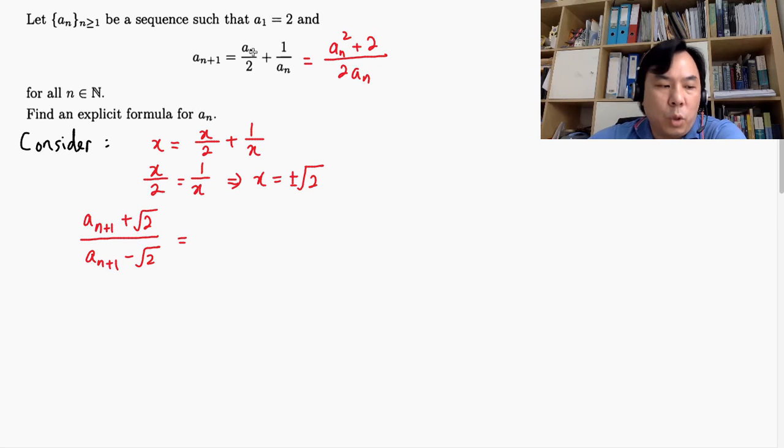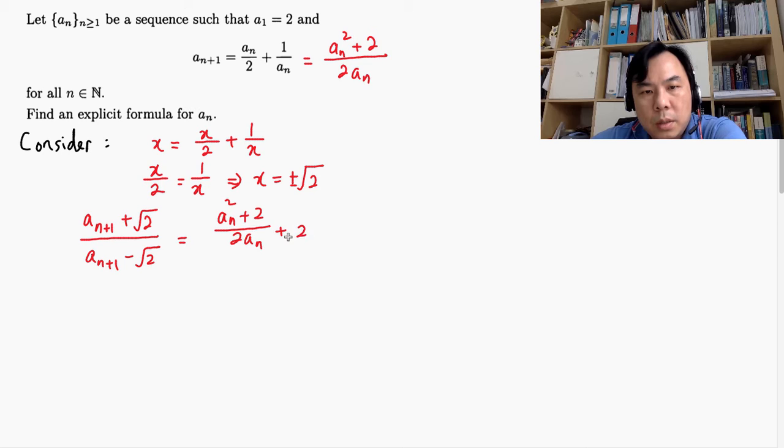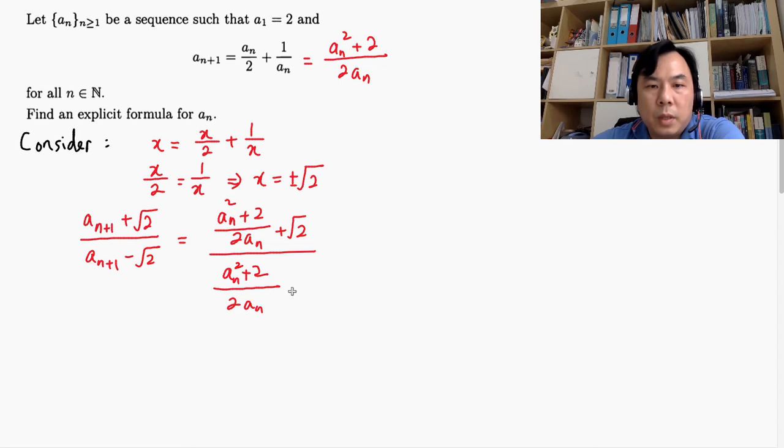All right, now if you join the partial fractions together, from here we will be able to get an to the power of 2 plus 2an plus 2 divided by the same result here, divided by 2an, sorry, and then minus root 2 here.